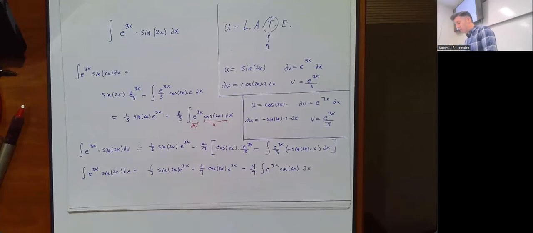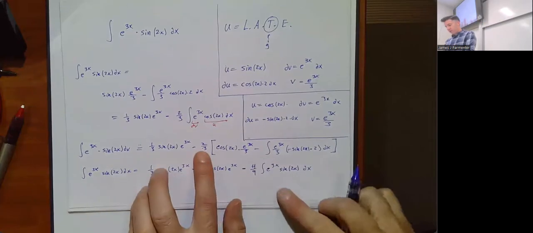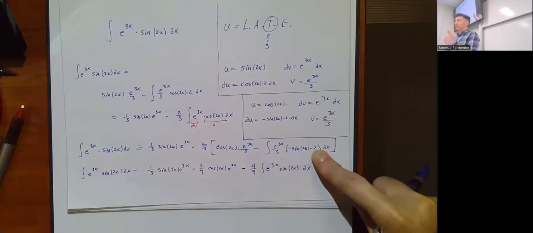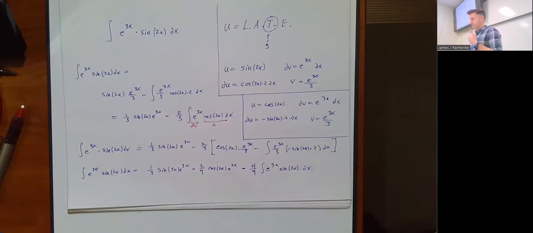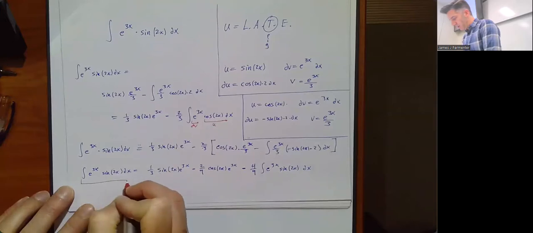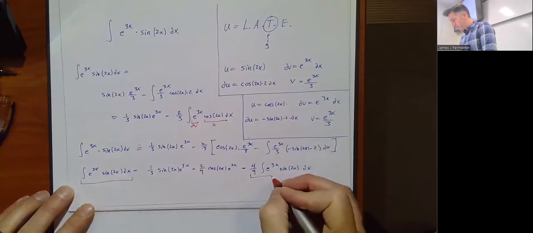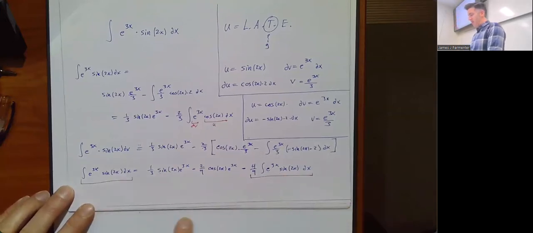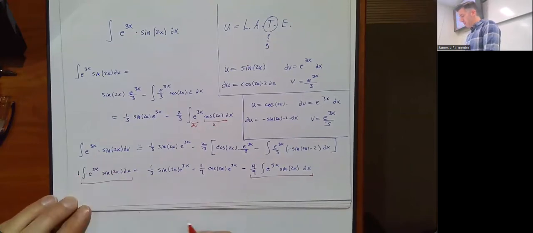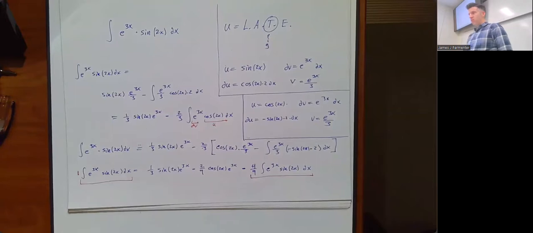Let's make sure we're all on board with that. This is a negative 2/3 times a -1 times a negative 2/3, which is a negative overall, and it's a positive. Yeah, it's a negative 4/9. But now look, I've got this integral and 4/9 of that integral, and I can add that over there. So if I've got 1 of a thing plus 4/9 of a thing, 1 plus 4/9 is 13/9.